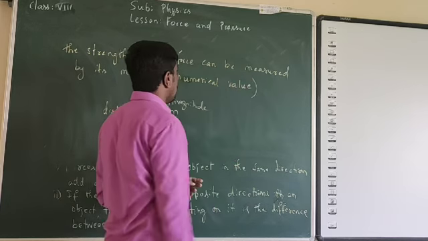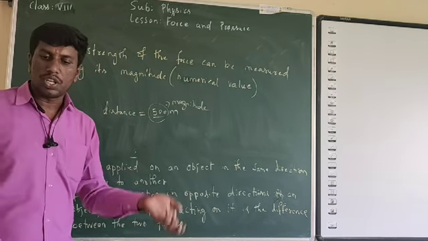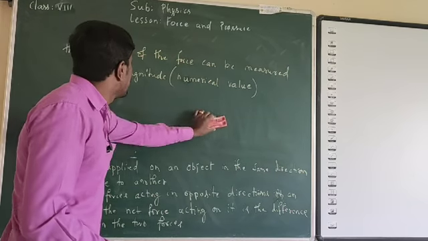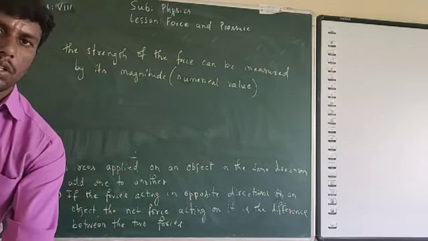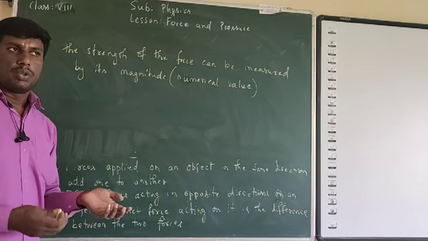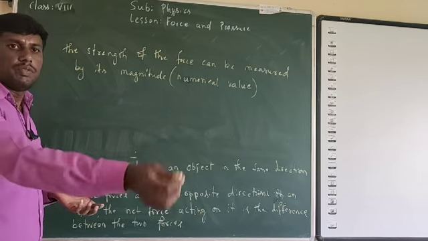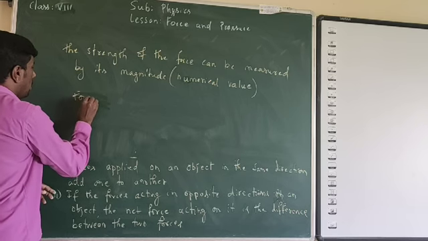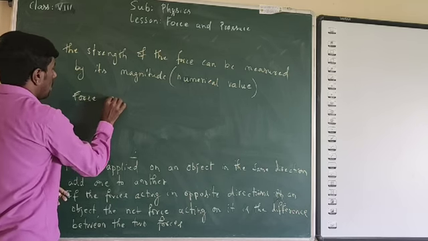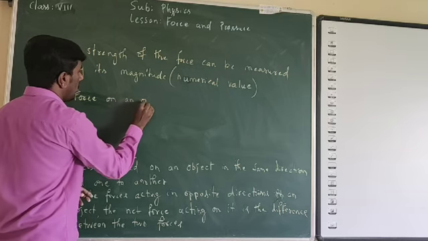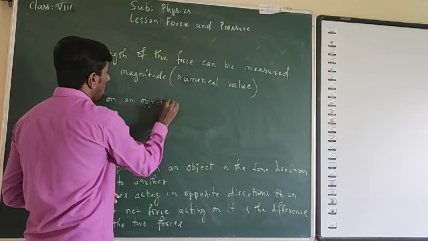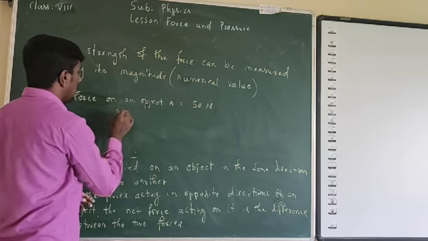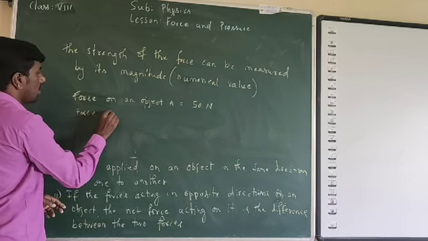So, how do we measure the strength of the force, whether the force is weak or strong? By measuring the magnitude. So we are able to find out the force. Suppose I have a force on an object A, which is 50 Newton, N. Then I'll tell you what N is.